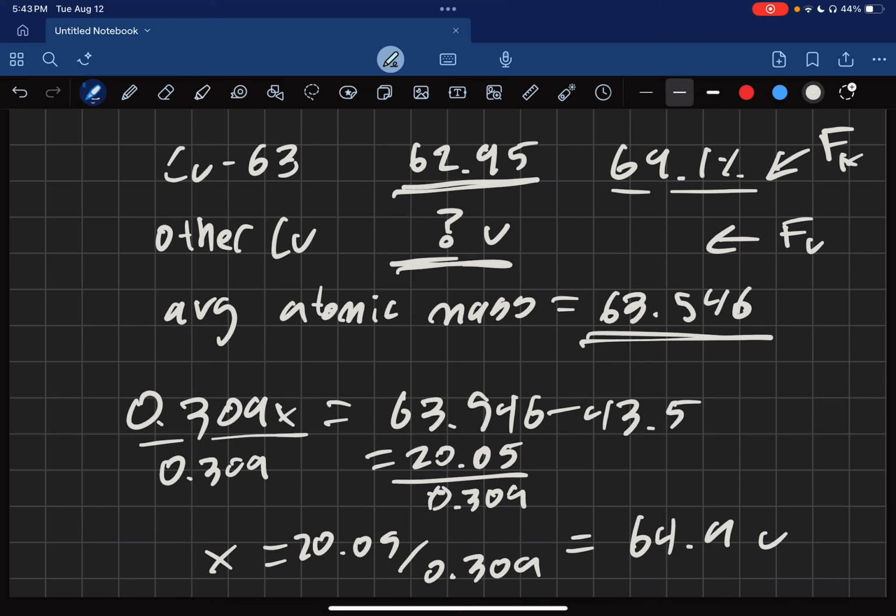So this tells you that the other isotope's mass is just about 64.9 units.